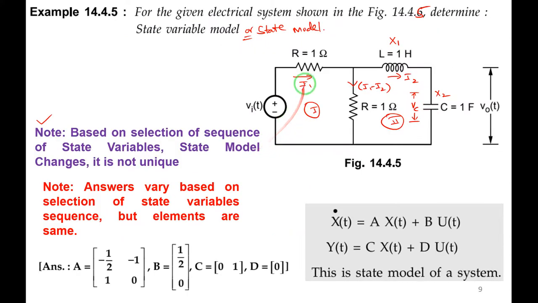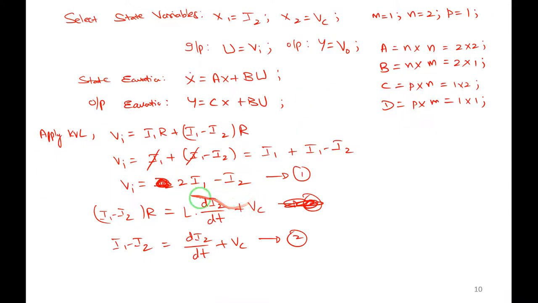But you can observe here, we don't have any energy storage elements in the first loop. So what is the equation for I1? From equation 1 I will get the equation for I1. 2 times I1 is equal to Vi plus I2. So I1 is equal to Vi plus I2 divided by 2.